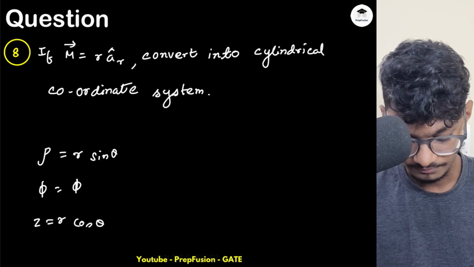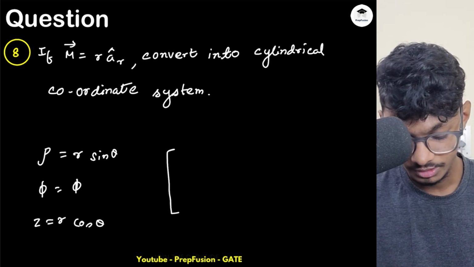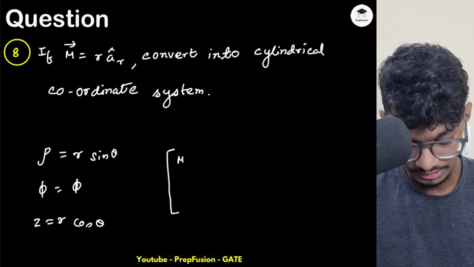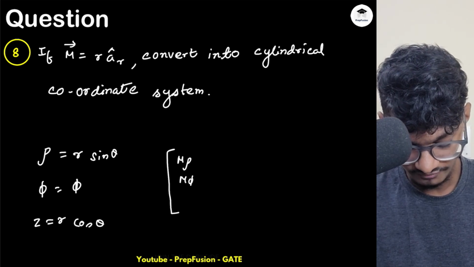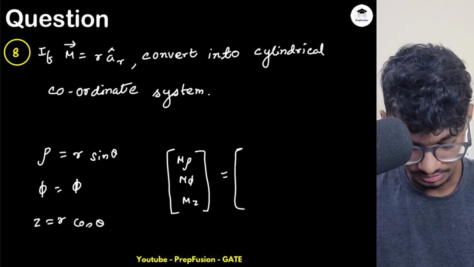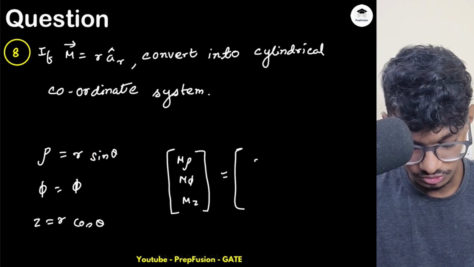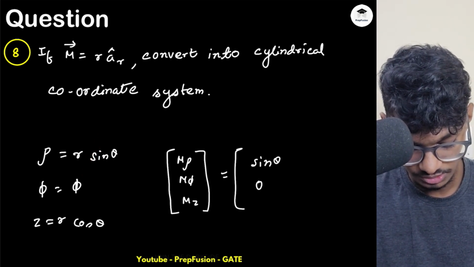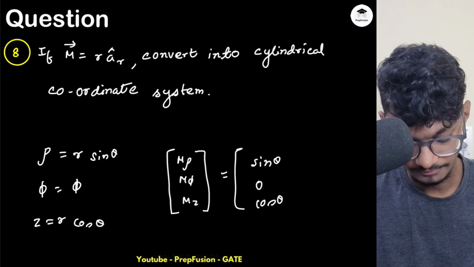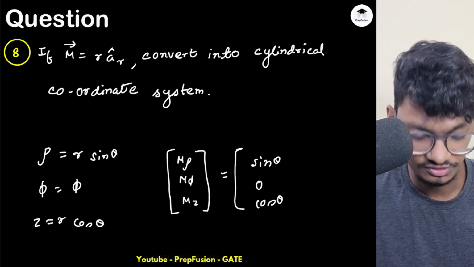Simply there is M vector. M vector is R A r cap. So first I will write that I need M rho, M phi, M z. This equals the vector. What is the vector? I will partially differentiate with respect to r first of all. So this will be sin theta, this will be 0, this will be cos theta. Then I will partially differentiate with respect to theta, of this first column.